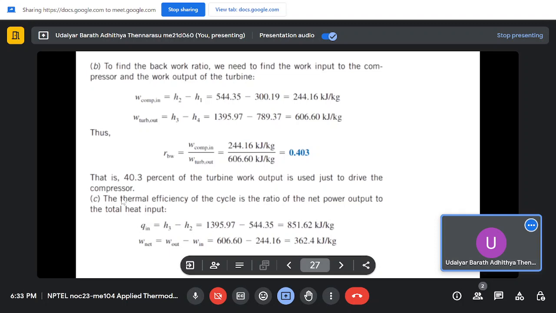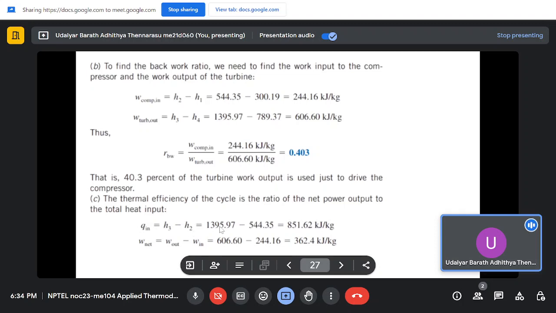So next is to find out the thermal efficiency of the cycle. For that, we have to find out the heat in. So heat in is H3 minus H2. We know enthalpies, or you can straight away find out Cp (T2 minus T1). So here we know enthalpy, so we can find out directly.